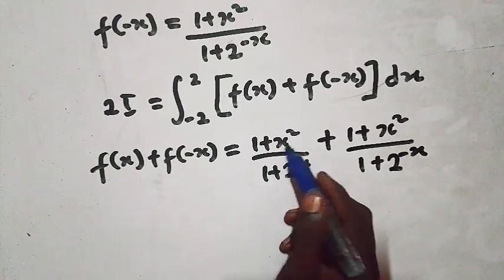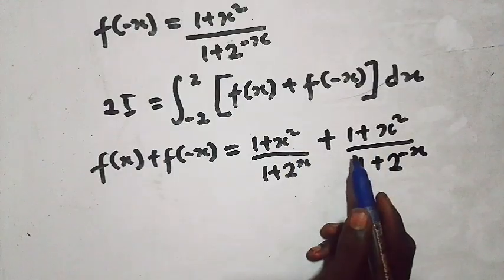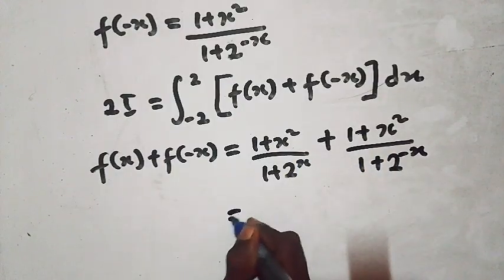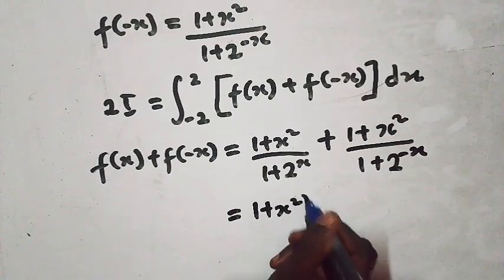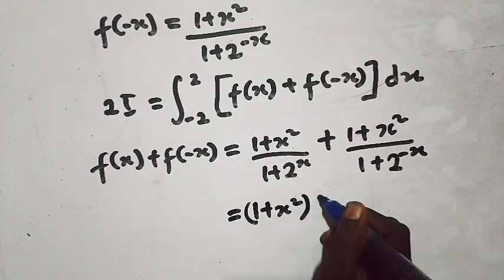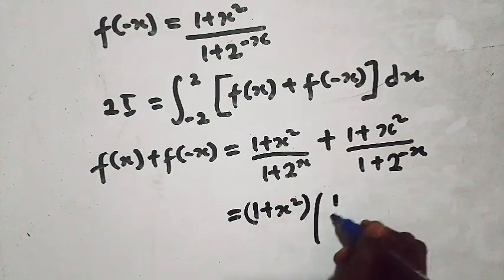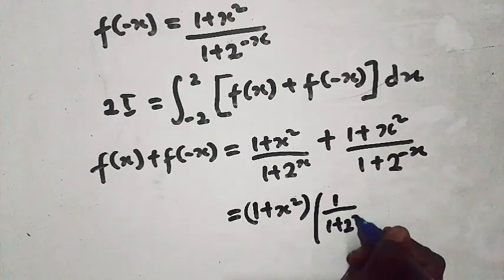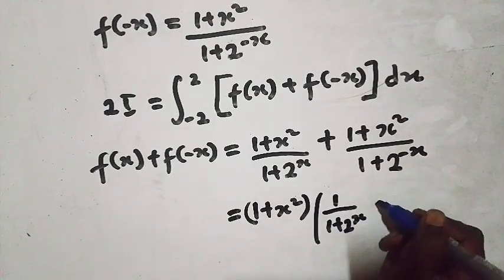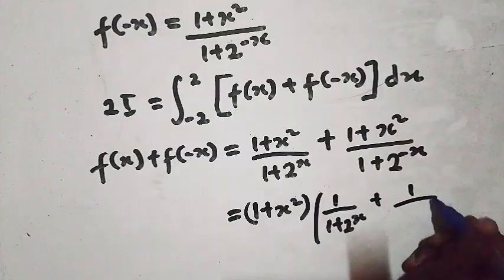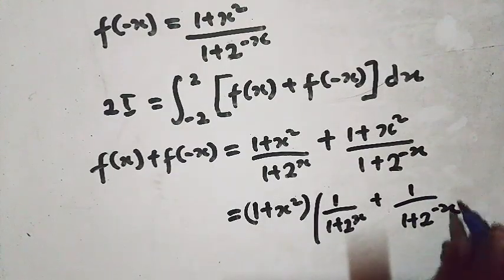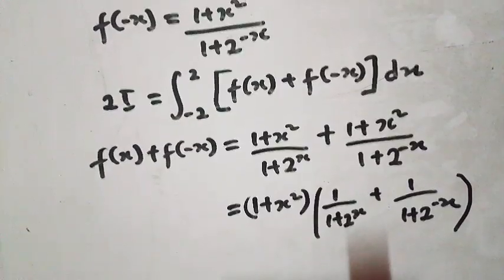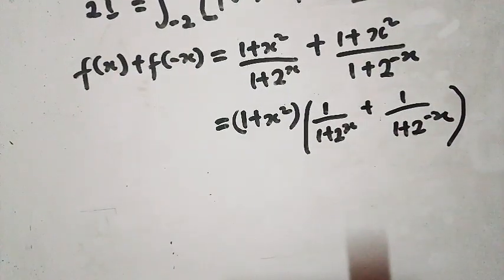If you can see the two, we have a common factor which is 1 plus x squared. So if you factorize it out, this will be equal to (1 + x squared) times [1 over (1 + 2 raised to power x) plus 1 over (1 + 2 raised to power minus x)].